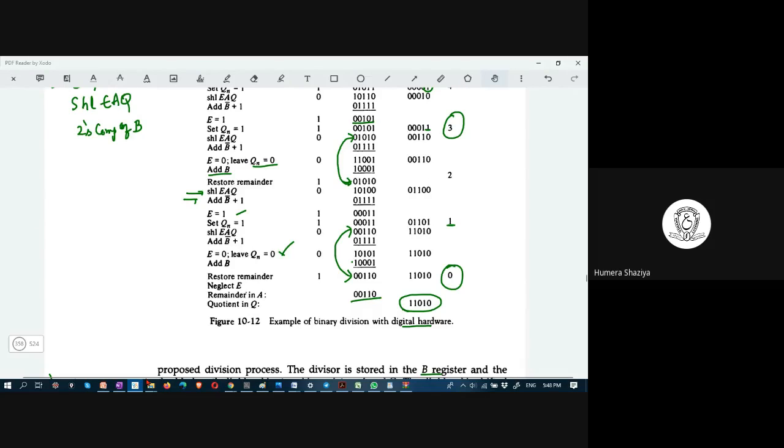Therefore, add B and restore the remainder. Adding is performed to restore. Now neglect E value, and A is smaller than B, so add 0 here, and this would finish. This is our question.